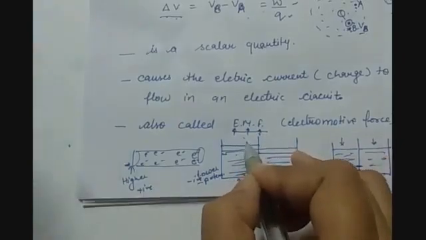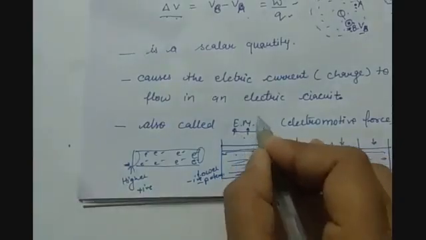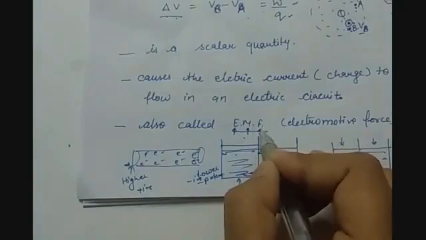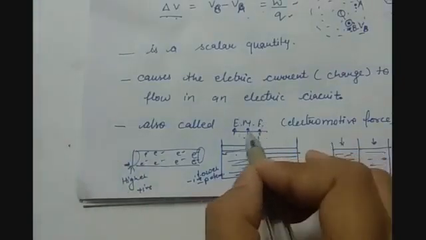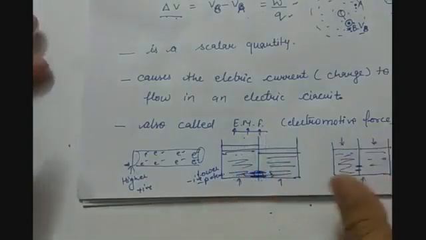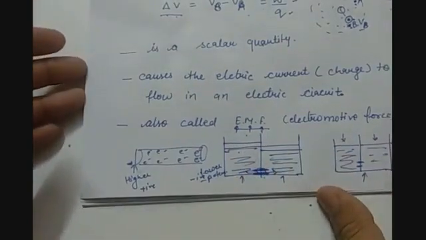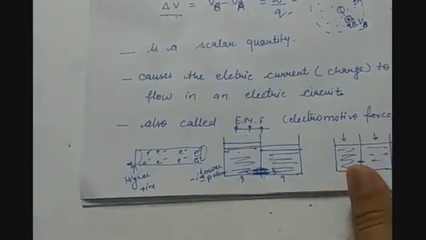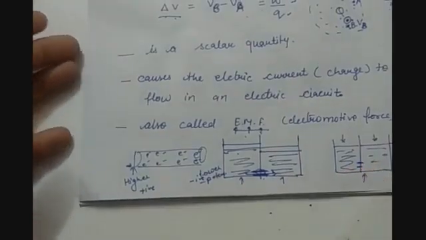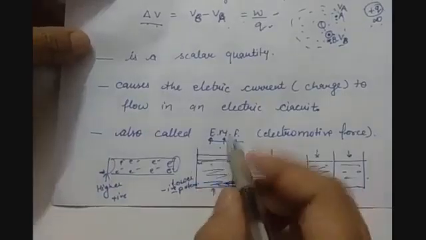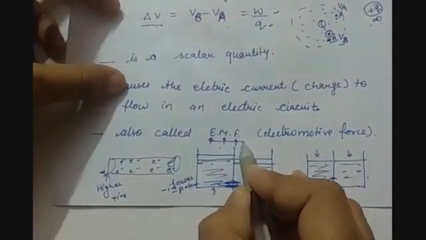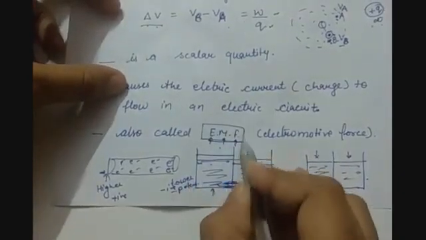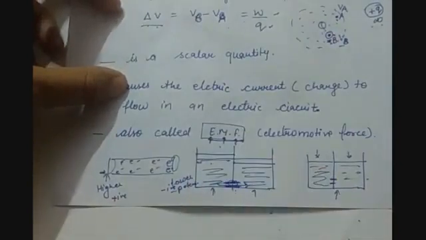So to make the electrons move, the force required is electric potential difference, also called EMF or the energy source of the electric circuit. Whenever I say energy source in an electric circuit, I am talking about the source which can provide this electric potential difference in the circuit.